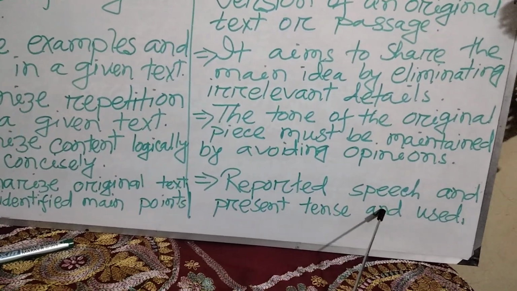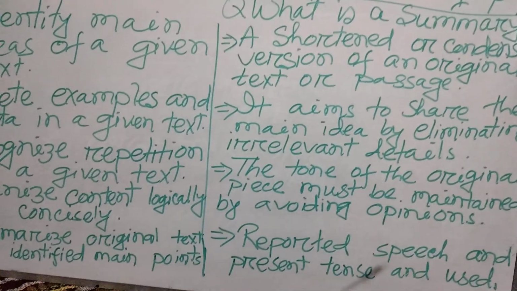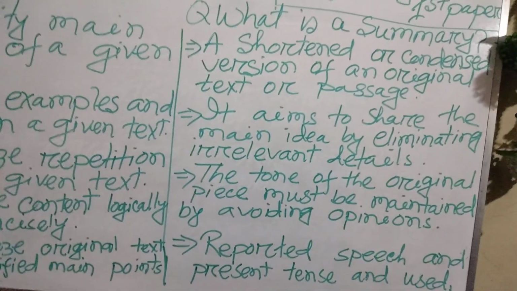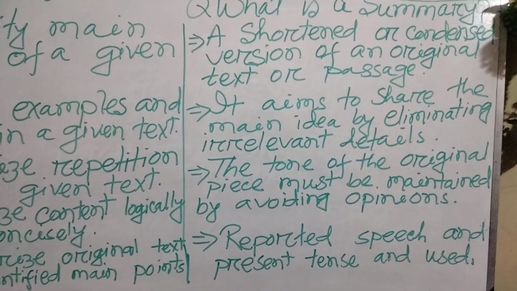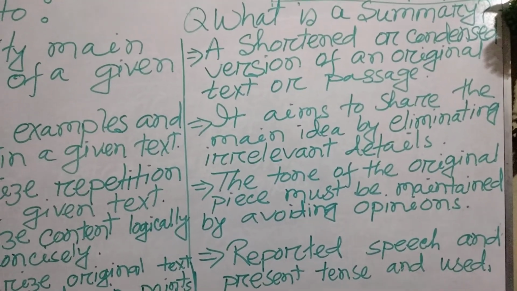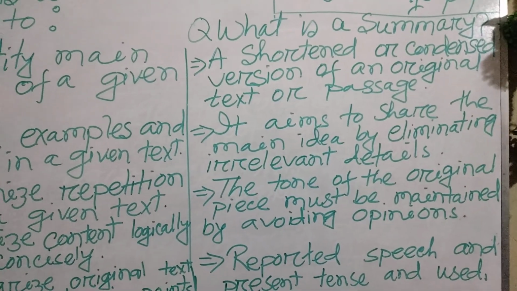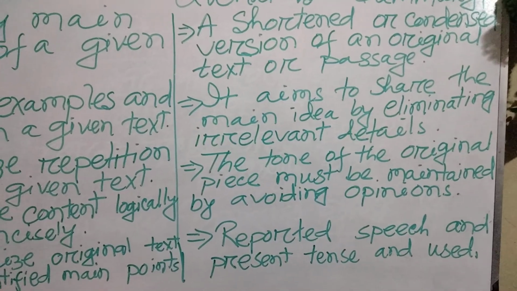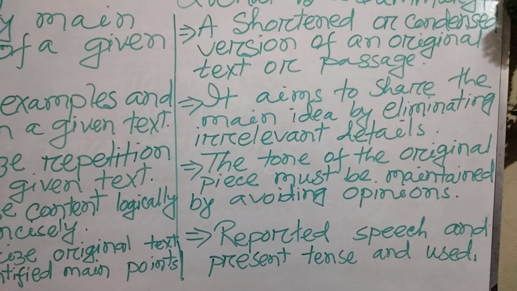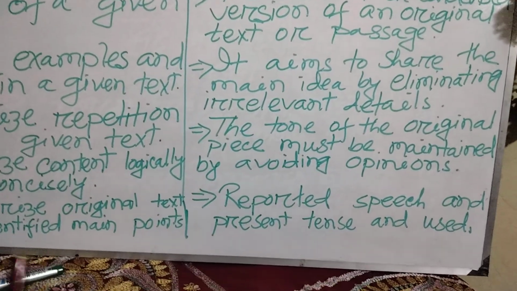So all of you can understand what is summary. Summary is the shortened and concise version of the original text. It aims to share the main idea and leave out irrelevant detail. And the tone of the original piece must be maintained by avoiding opinions. And you can write reported speech and the present tense is used.